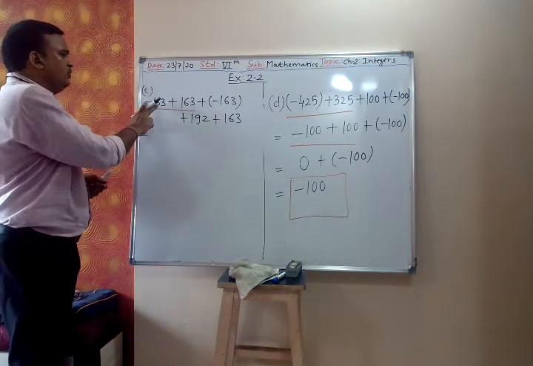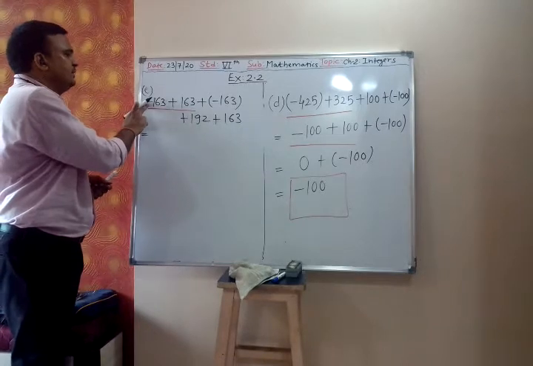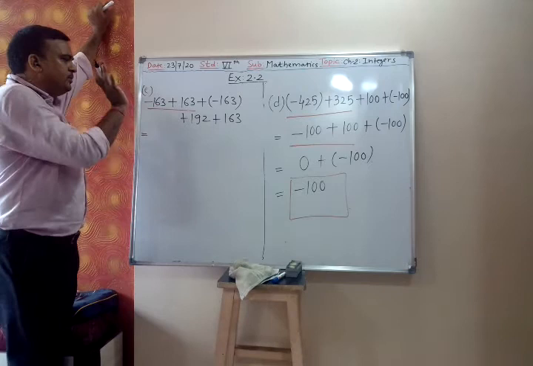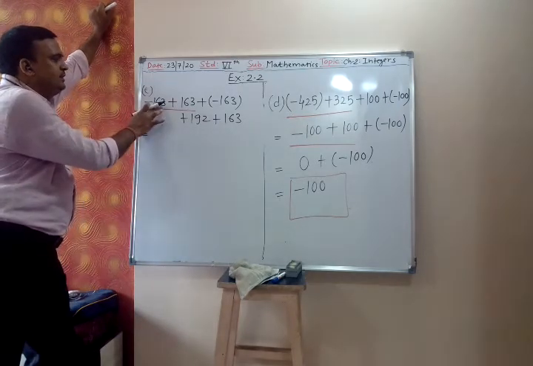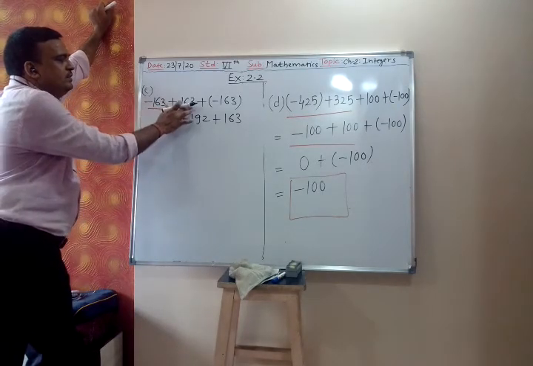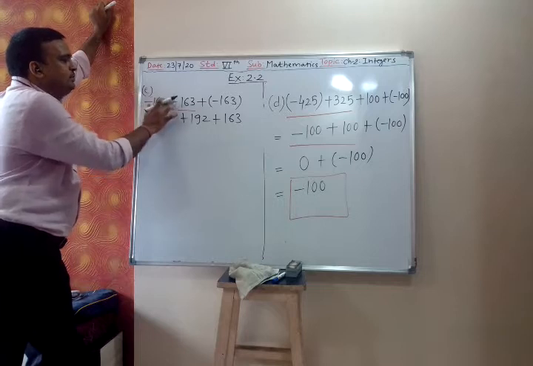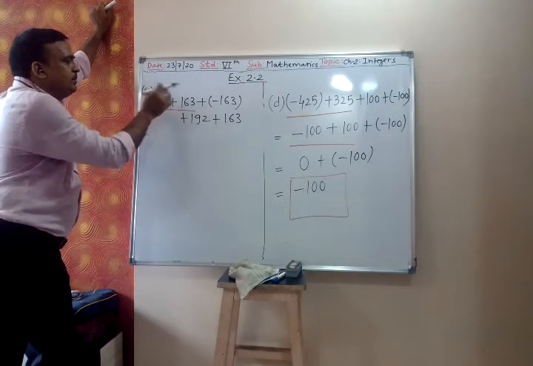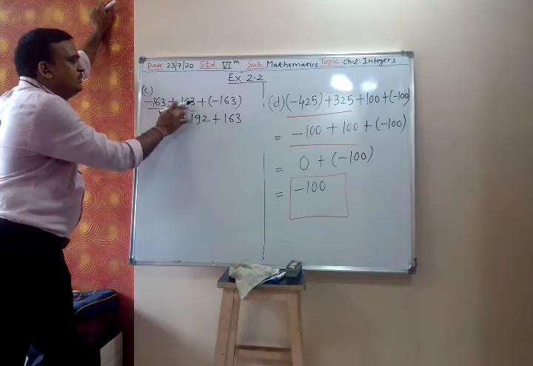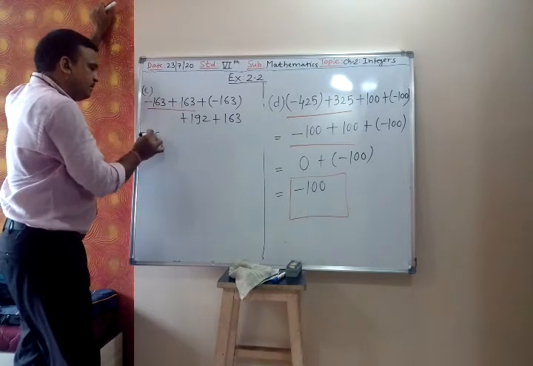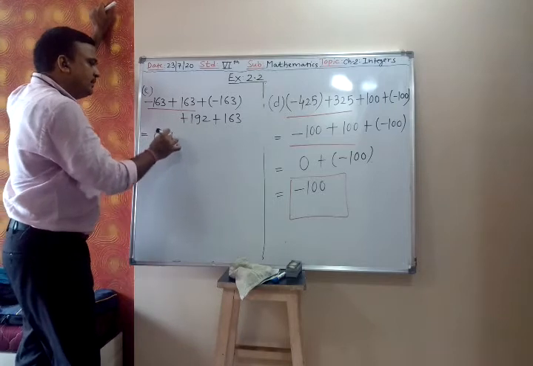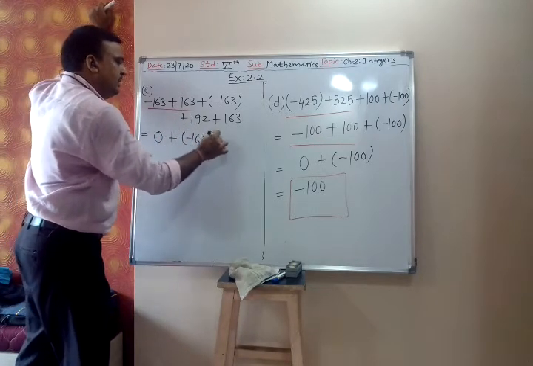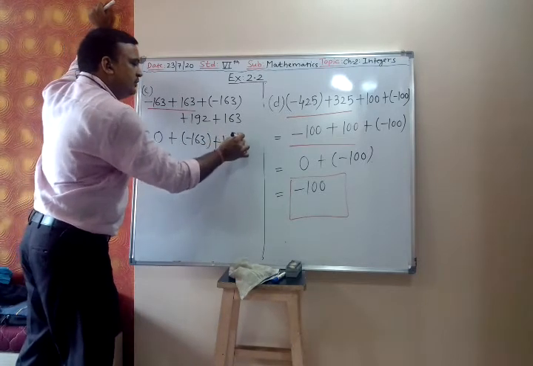What is the sign of 163 minus? What is the sign of 163 plus? Minus and plus mean opposite signs. So whenever they have opposite signs, you have to subtract. 163 minus 163 is 0. Then the other numbers I will write as they are. Plus 192 plus 163.